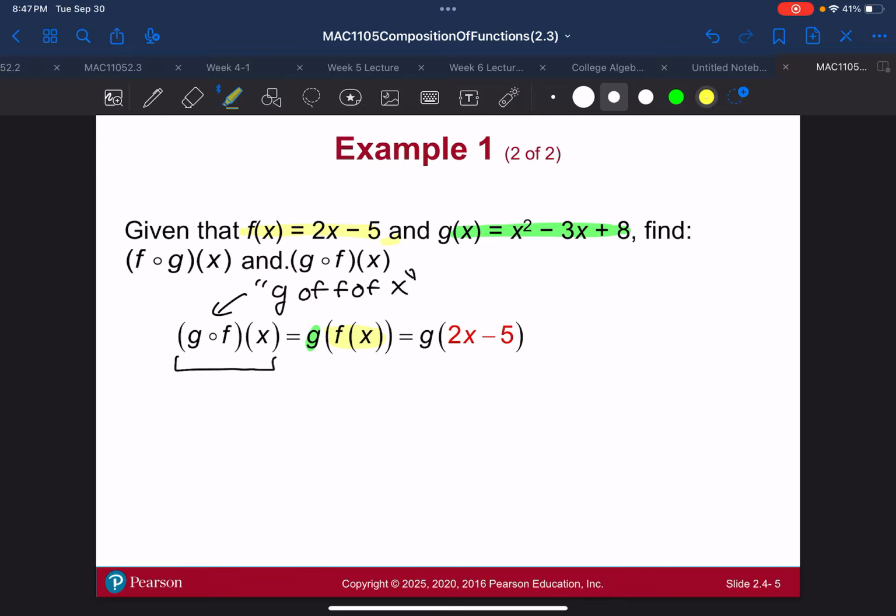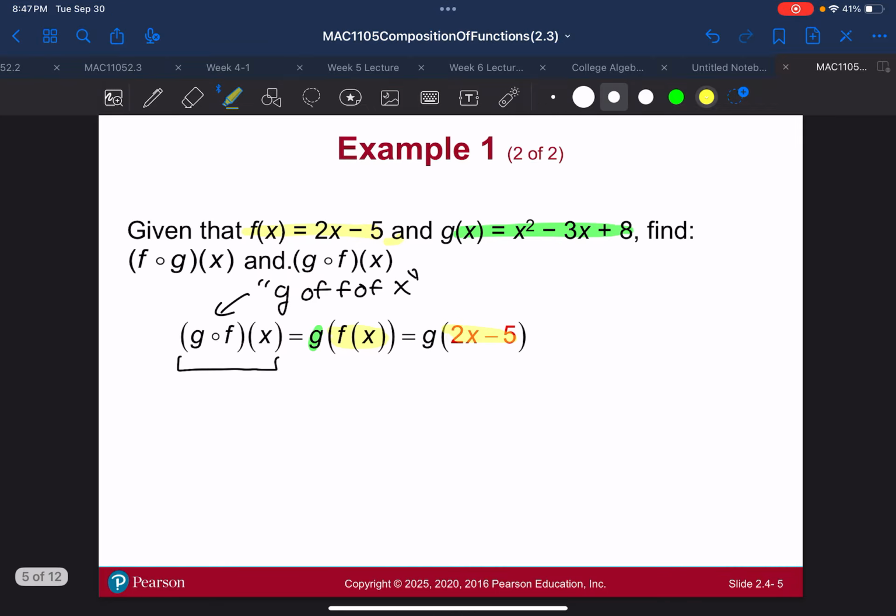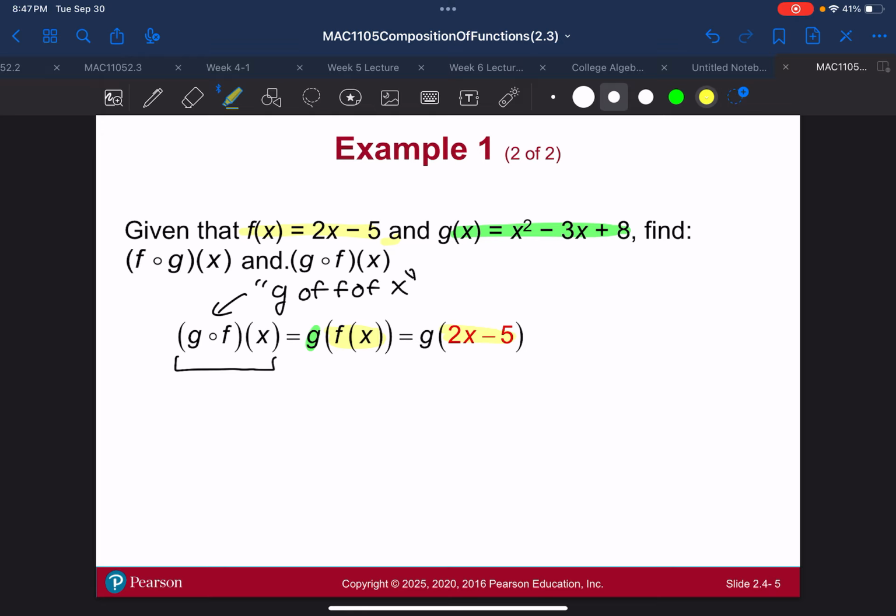So just notation-wise, I can replace f of x with what it's equal to, which is 2x minus 5. And then I will plug that in everywhere into g everywhere I see an x. So that will be 2x minus 5 all squared minus 3 times 2x minus 5 plus 8.